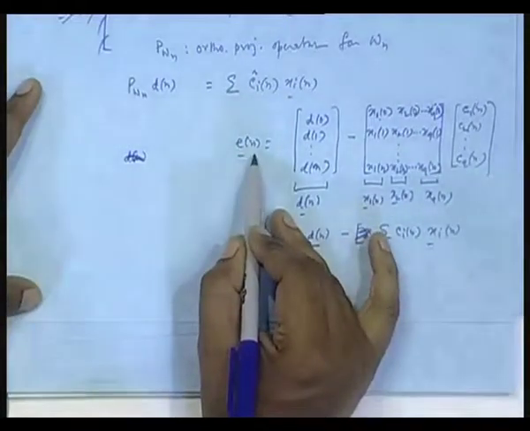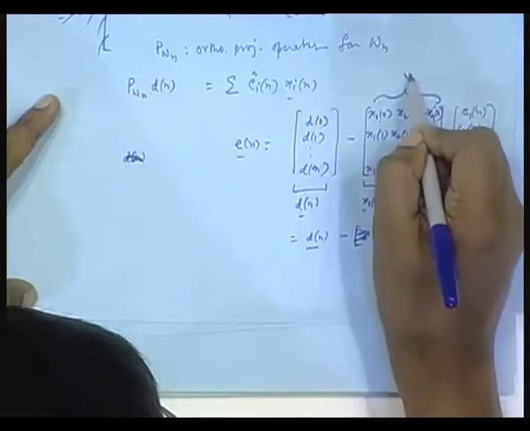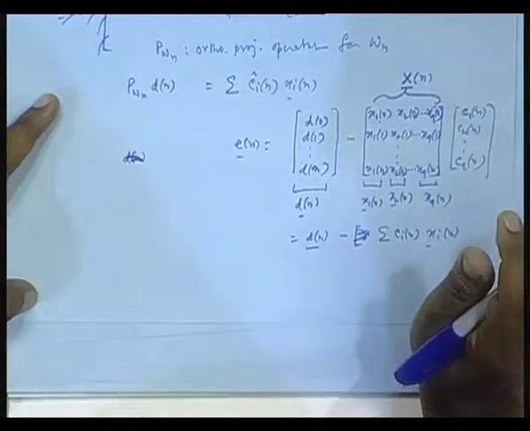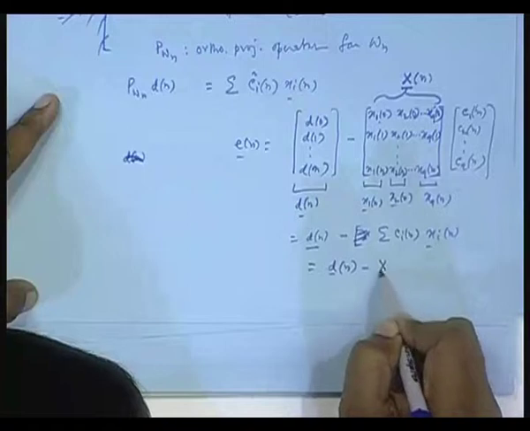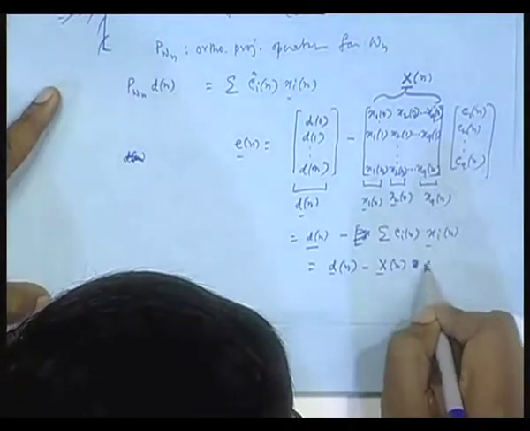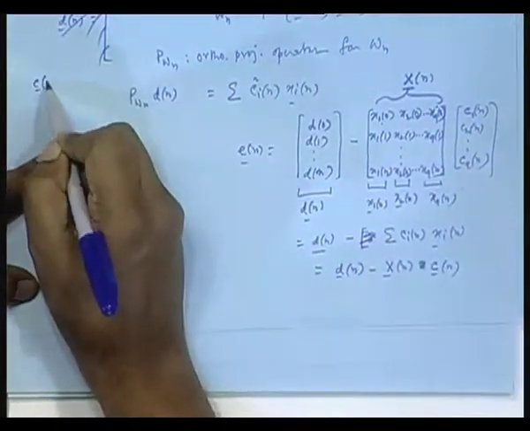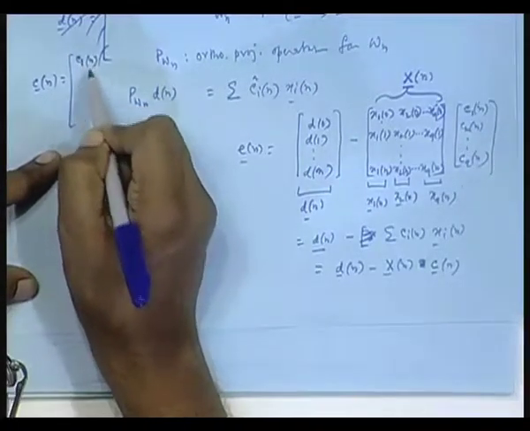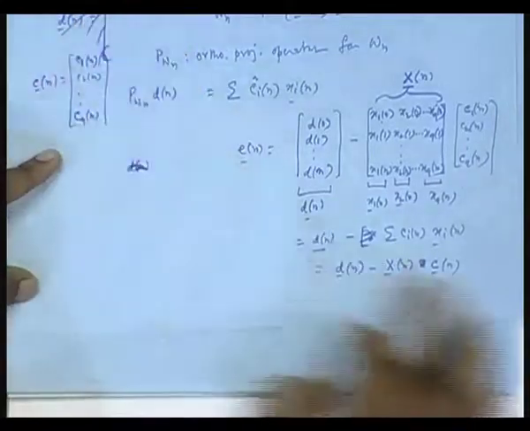You are telling me en is orthogonal to this matrix, you permit me to call it capital Xn. So, equivalently I can also write this as dn minus Xn into Cn. Cn, I already defined earlier, consists of those C1n, C2n, up to Cqn. Those coefficients I put in vector form.